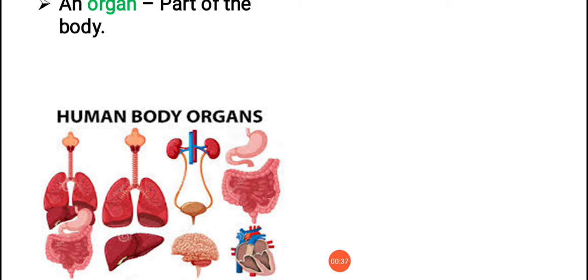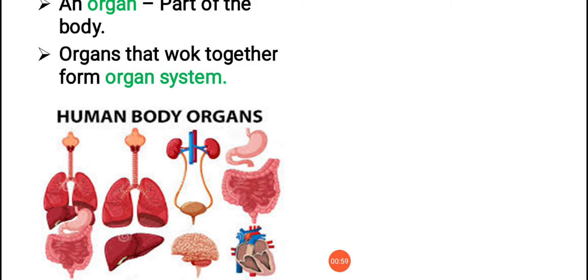Likewise, the brain, stomach, liver and lungs are organs that have their own functions, but they do not work independently. Several of them work together and carry out specific processes in the body.